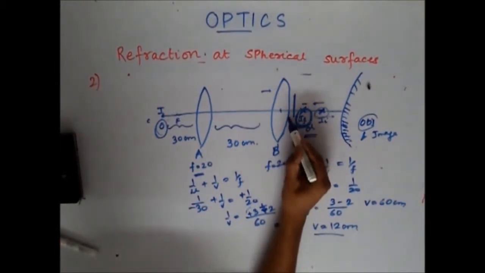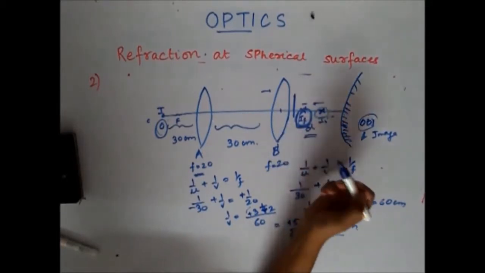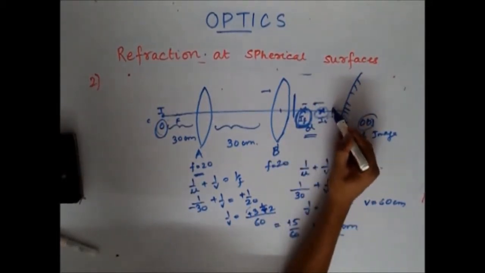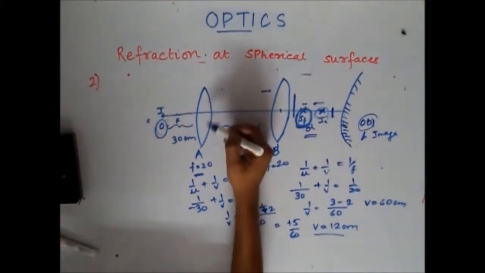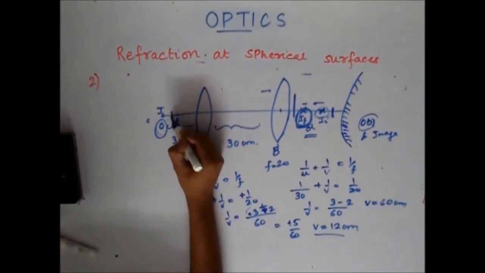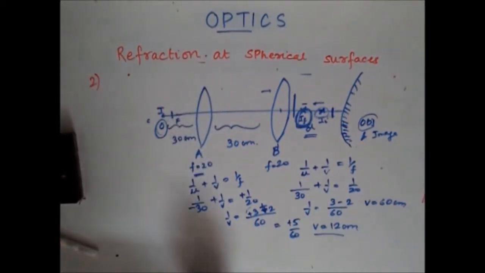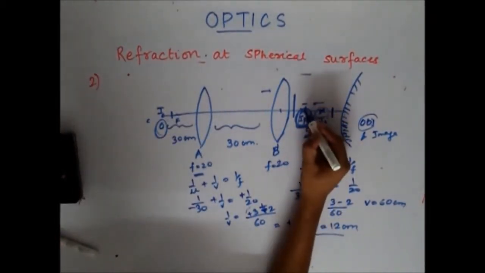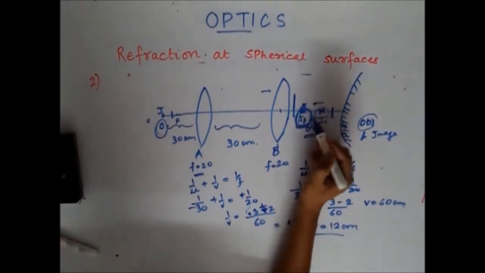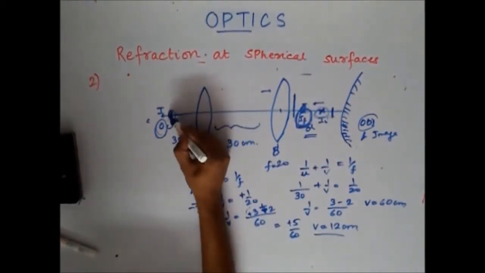Now, this acts as the object for this convex lens. So this will form an image somewhere here, let's say, and now this acts as the object for this convex lens, so it will form an image at some position here. So that means that if there is a shift of the position of this image IF, then there is a shift in position of this final image.